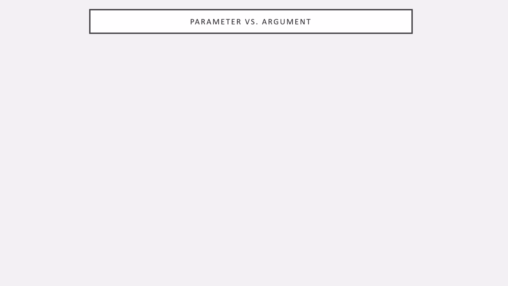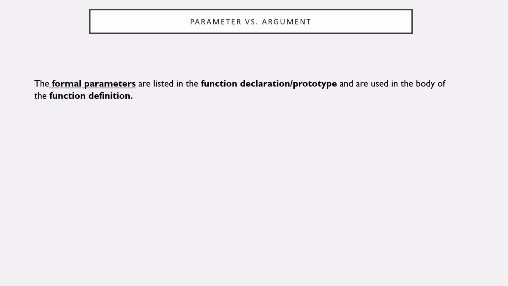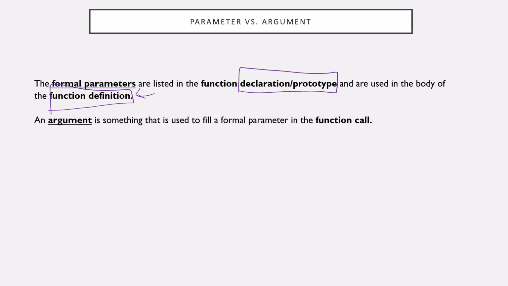All right, parameter versus argument. A parameter is in the prototype or the declaration and in the definition. So those are the parameters, say the data type, and if it's the definition, it must have a name for the variable. An argument is what you use when you call the function.